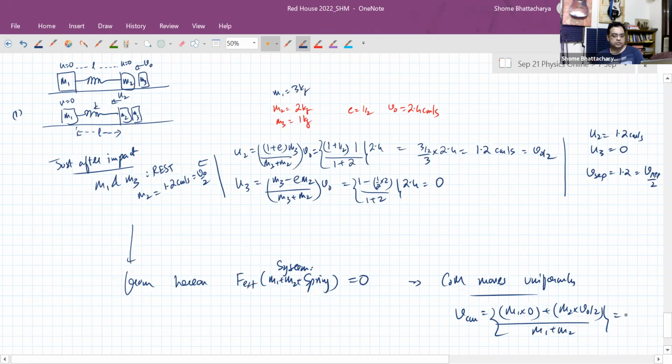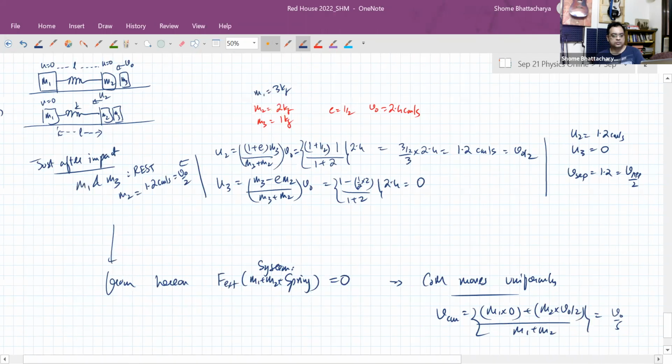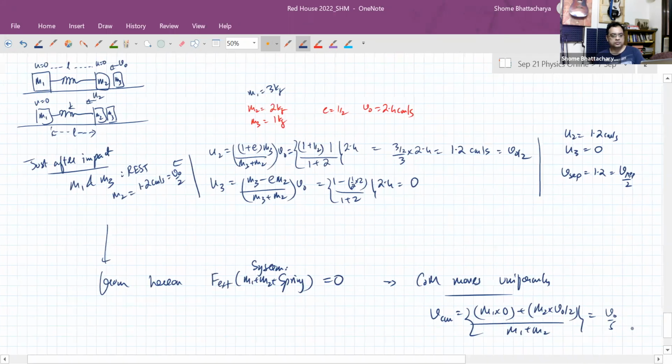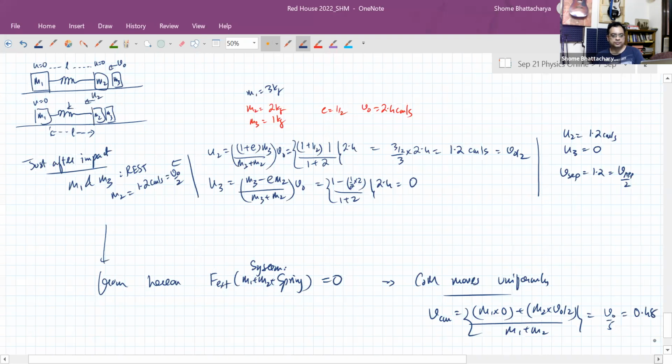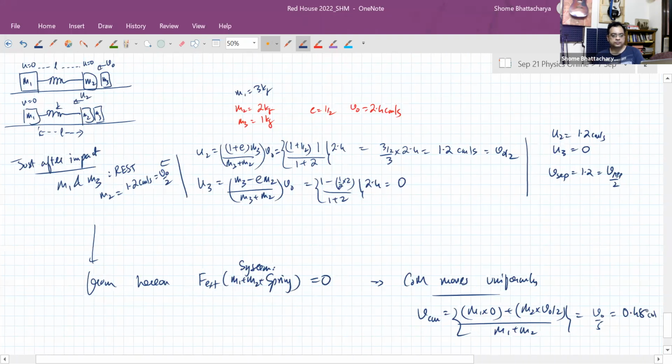So that gives v0 by 5, moving towards the left with a constant velocity.